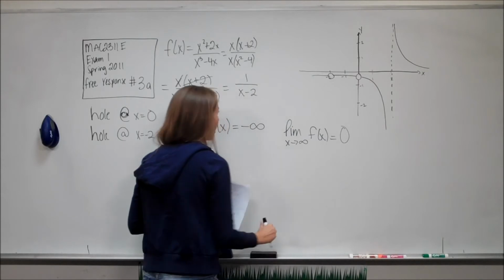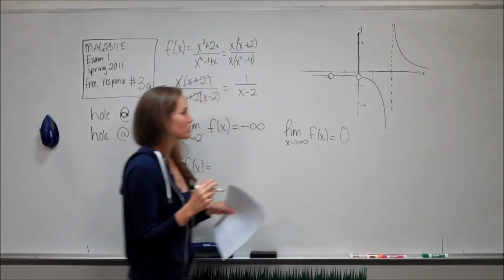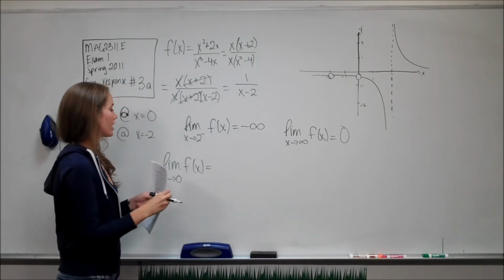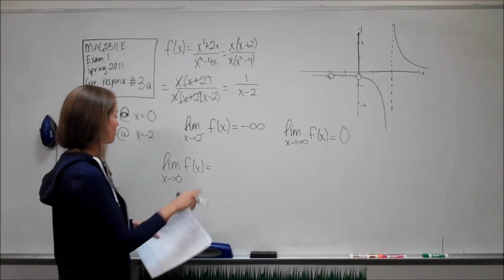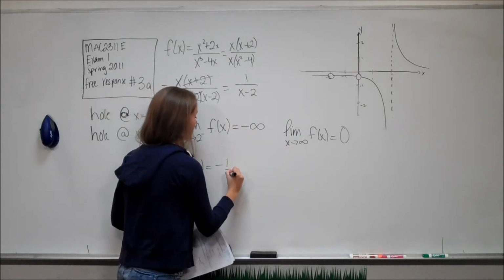The left and right sides of 0 are both approaching something, but it's not actually equal to that there. We can figure out what it is by plugging x equals 0 into our function, so it's equal to negative 1/2.